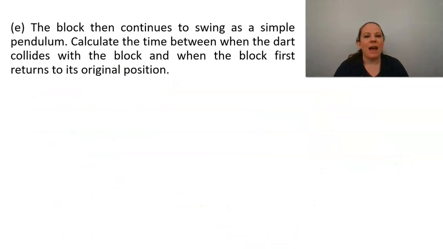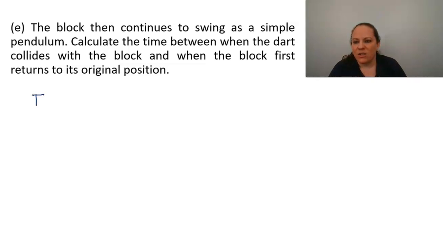Part E: the block then continues to swing as a simple pendulum. Calculate the time between when the dart collides with the block and when the block first returns to its original position. So, if we're talking about time while a pendulum is swinging, well, that's period, right?